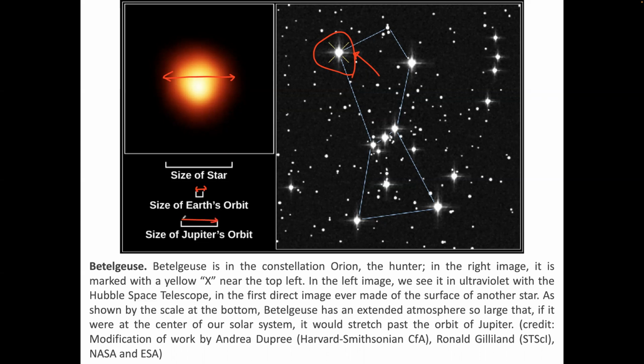So the diameter of this star Betelgeuse even goes beyond that, right? And this is also the first direct image ever made of the surface of another star, right? So this is just to explain to you how a giant star looks in terms of size, because we can talk about the numbers, but you don't feel it, right? But when I tell you in this way, you can see how large these stars are.